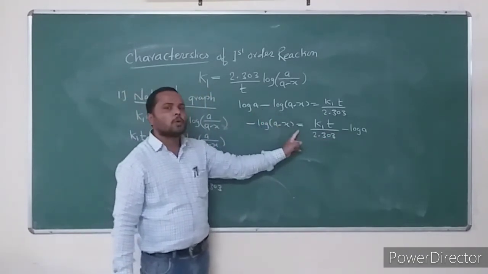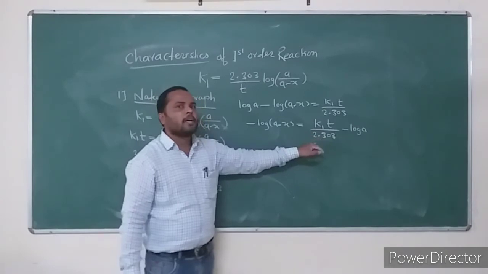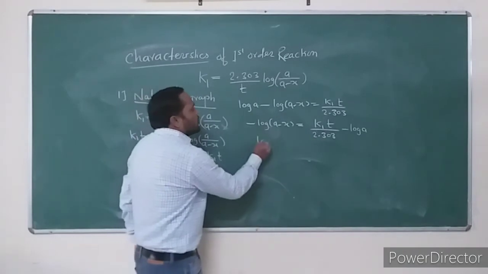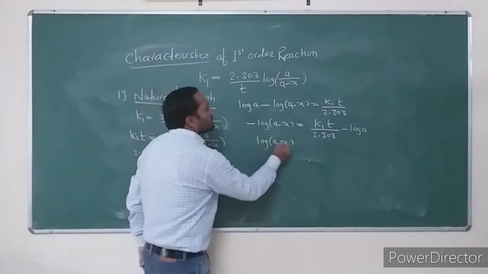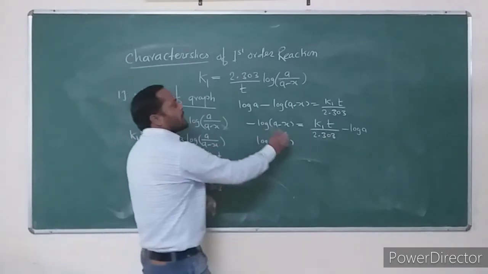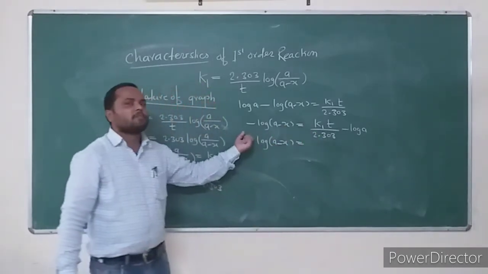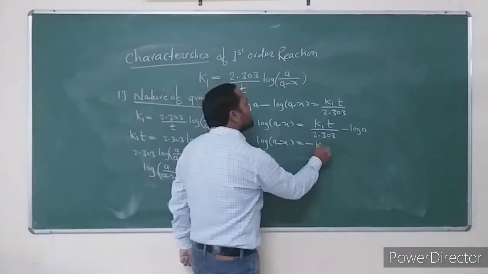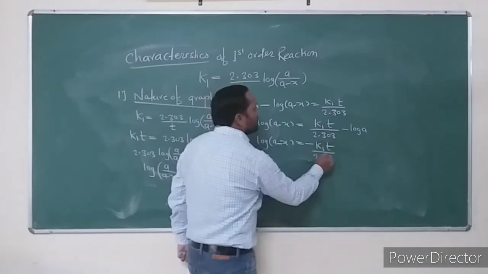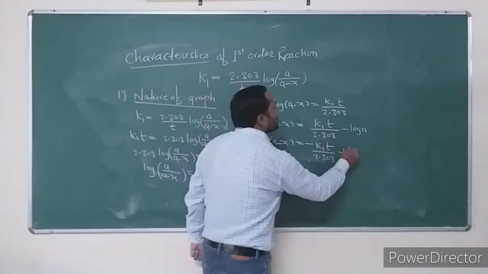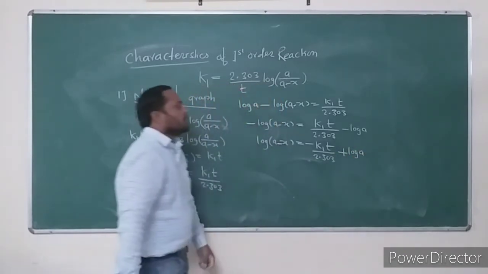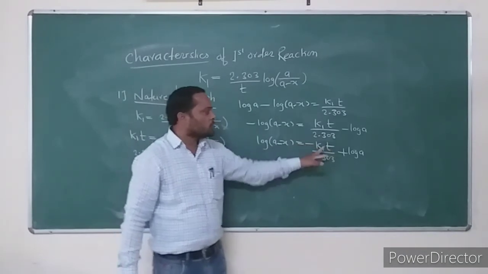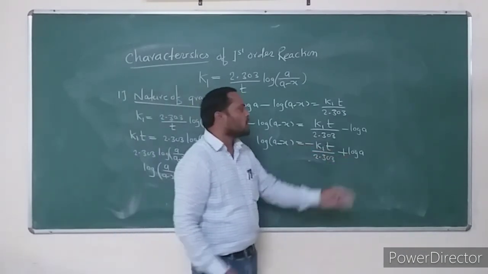Now multiply both sides of the equation by minus 1. Minus into minus becomes plus, so log a minus x is equal to minus k1 into t divided by 2.303 plus log a.